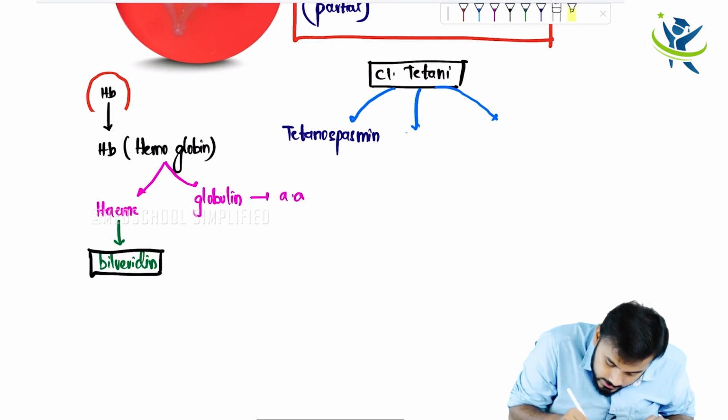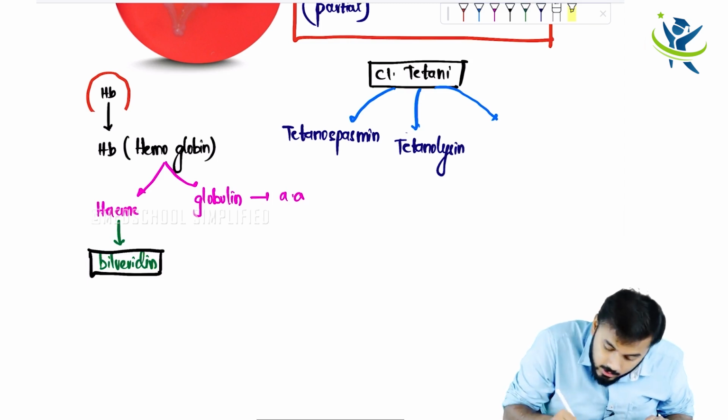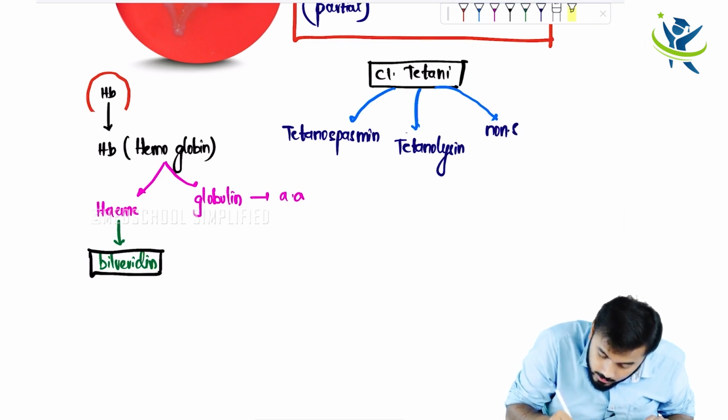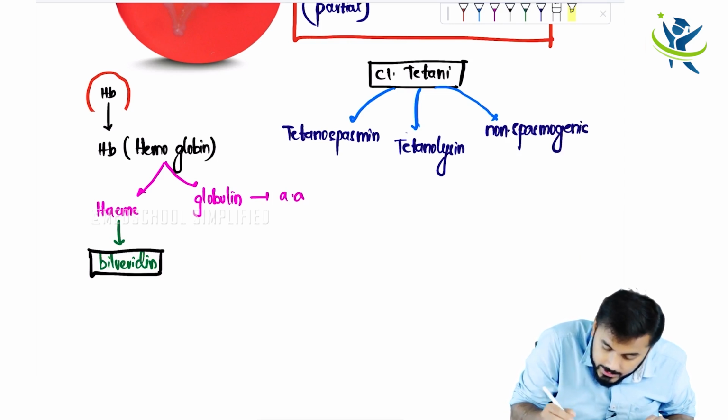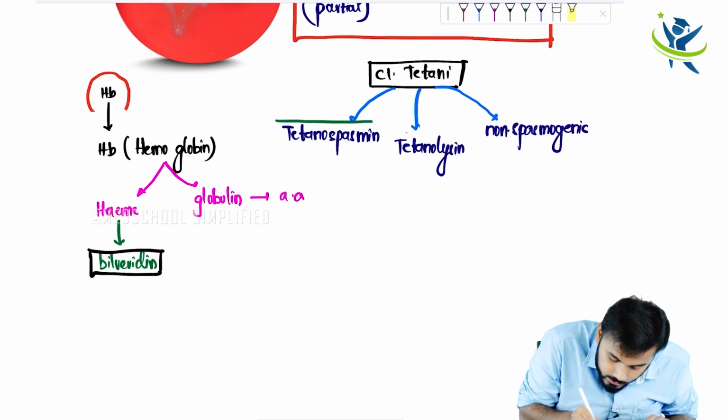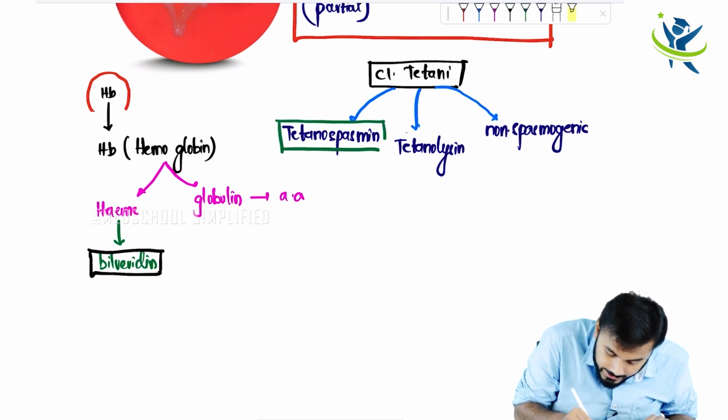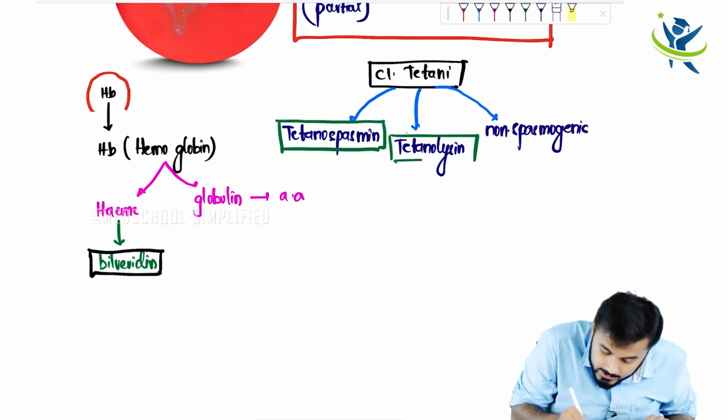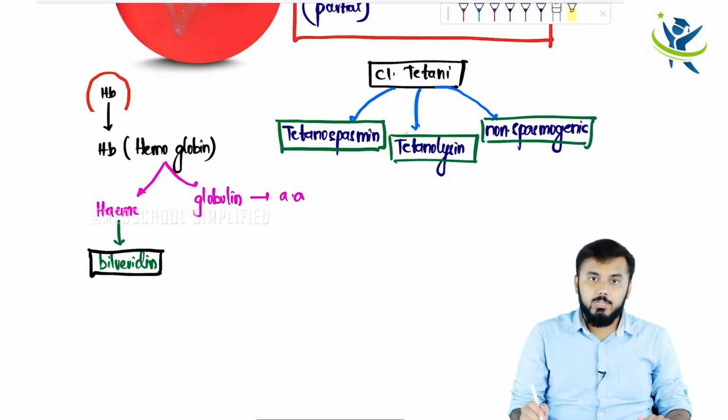The second toxin is tetanolysin. And the last toxin is non-spasmogenic toxin. So what are the different types of toxins that are released? One is tetanospasmin, another one is tetanolysin, and the third one is non-spasmogenic.